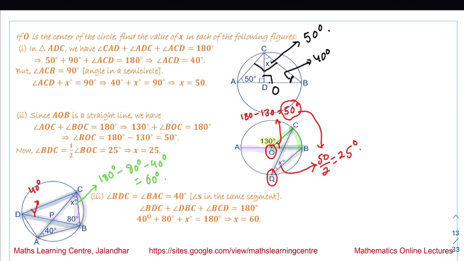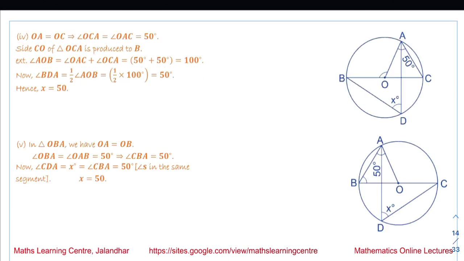Now in this question we are given this circle and the angle at A is given to be 50 degrees. We have this length OA and OC, both are the radius R, so both these lengths are equal.